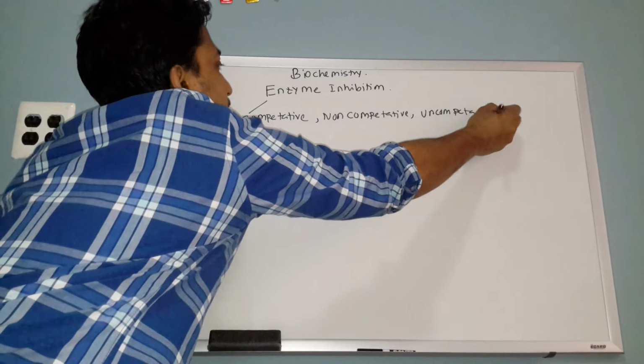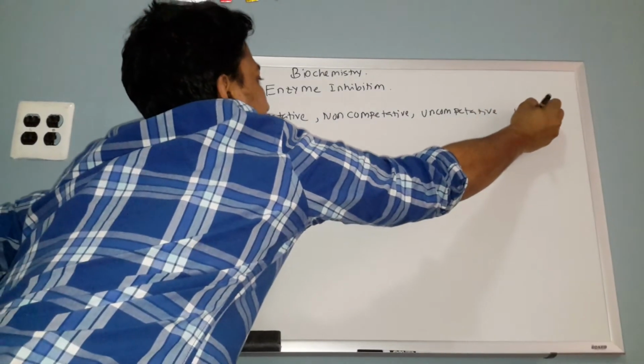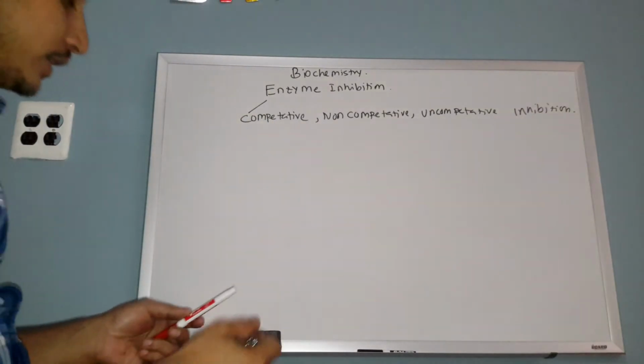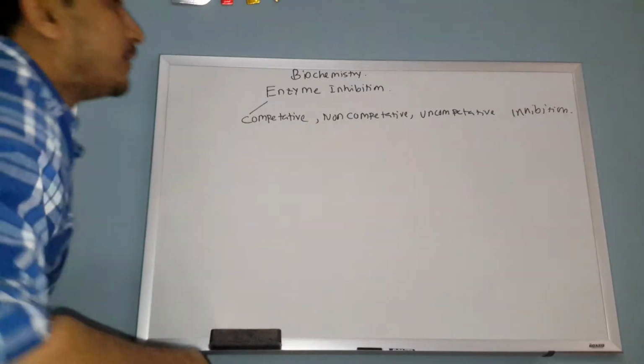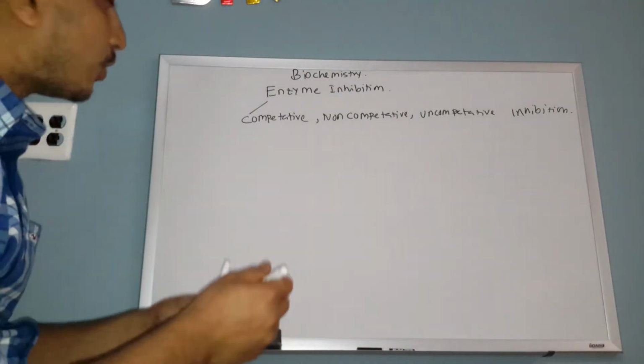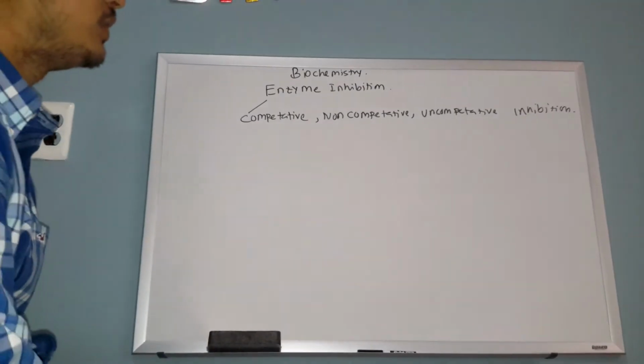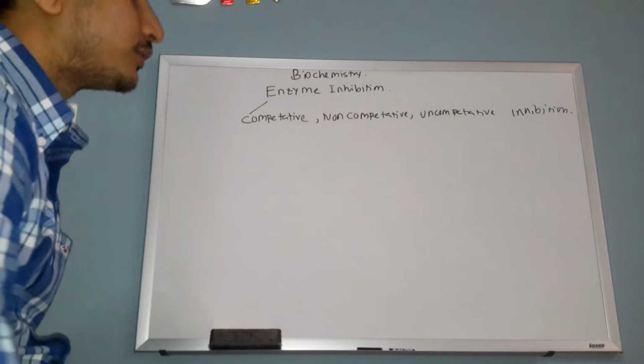So the three kinds are competitive inhibition, non-competitive inhibition, and uncompetitive inhibition.